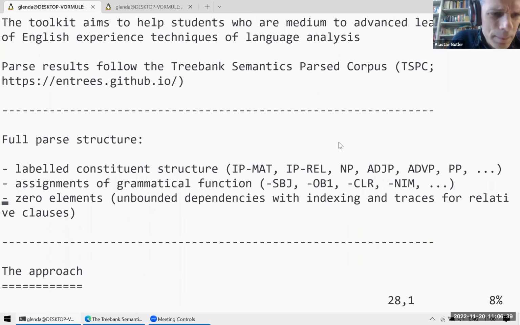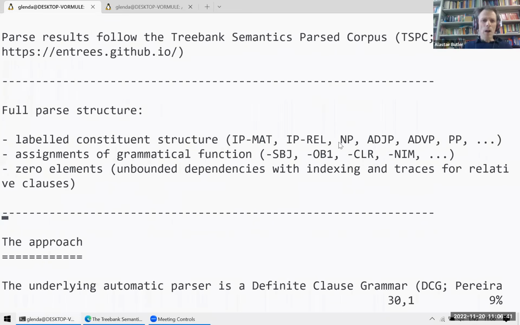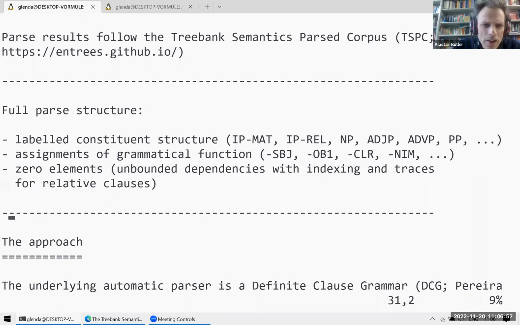So what do I mean by full parse structure? Because I want a parser that's going to produce this. By full parse structure, I want labeled constituent structure.